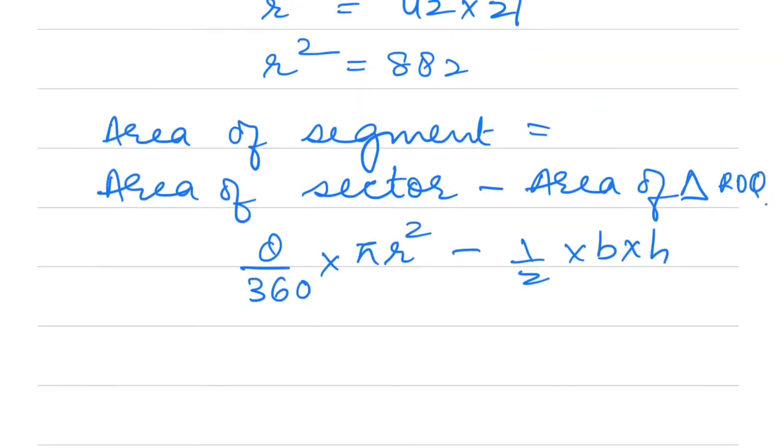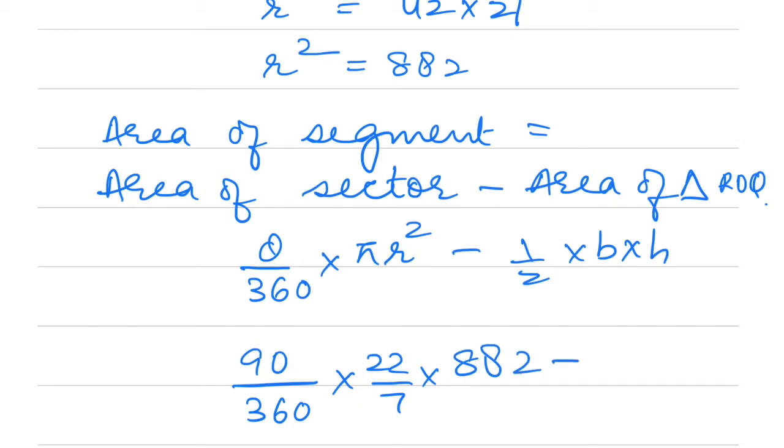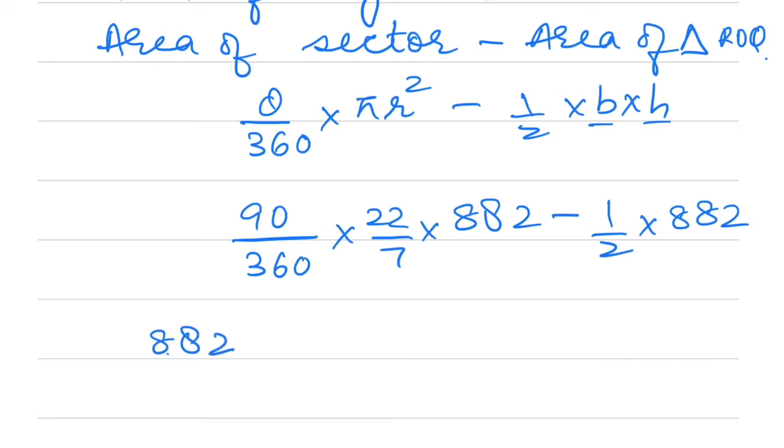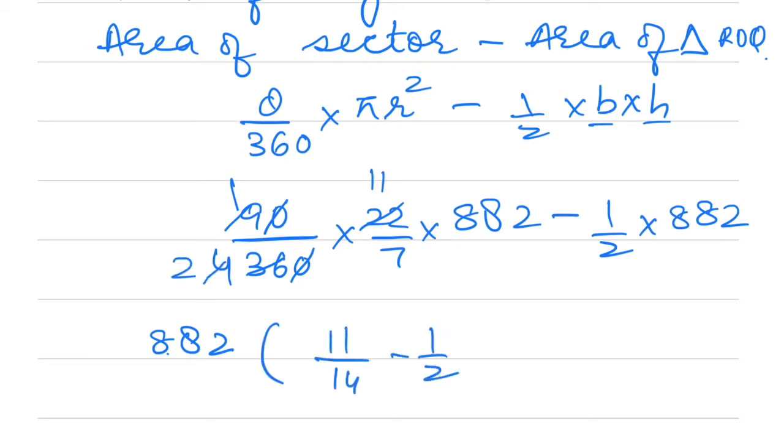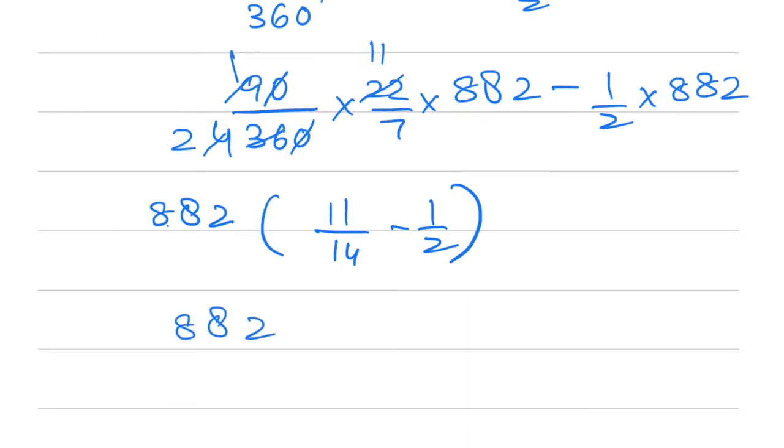The angle is 90 degree, so 90 by 360 into 22 by 7 into radius square, which is 882. And half into base and height, both are same, so I can take it as r square, 882. Now I can take 882 common, so 11 by 14 minus half.